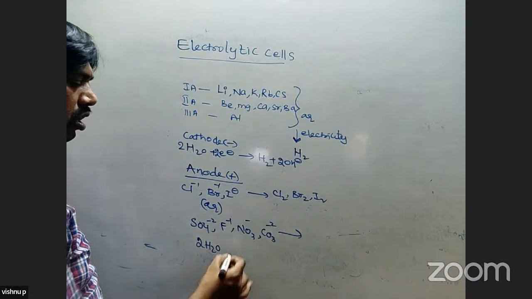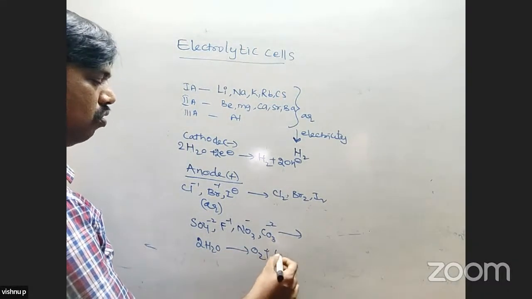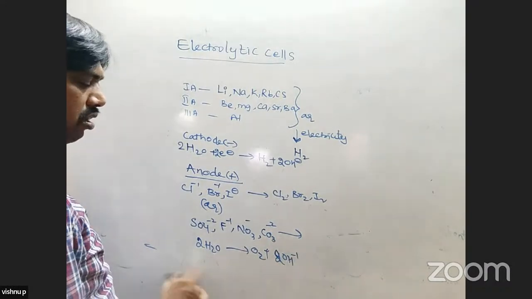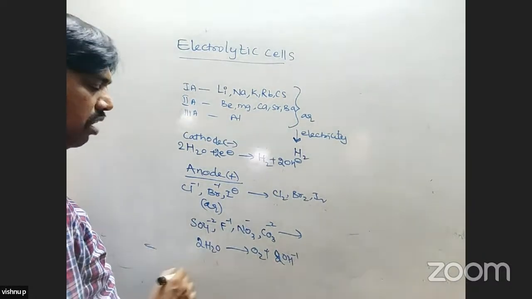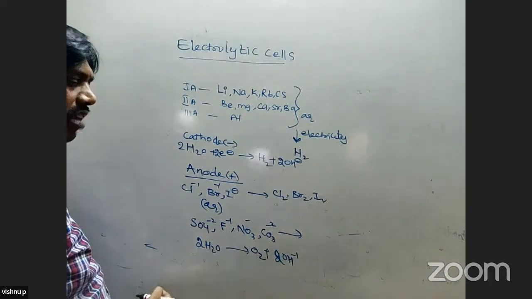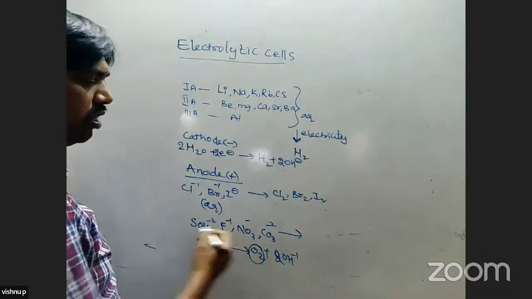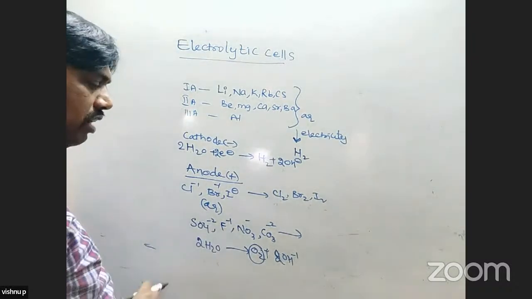In this case, 2H2O gives O2 plus 4OH-. By losing electrons, oxygen is evolved in this reaction.